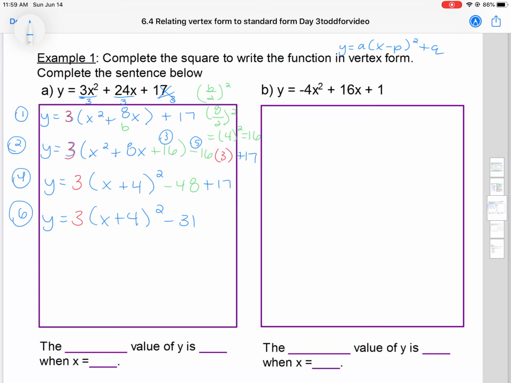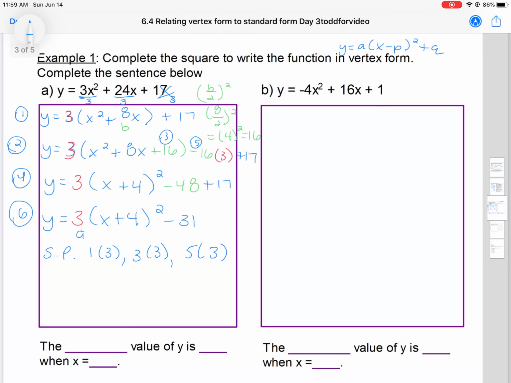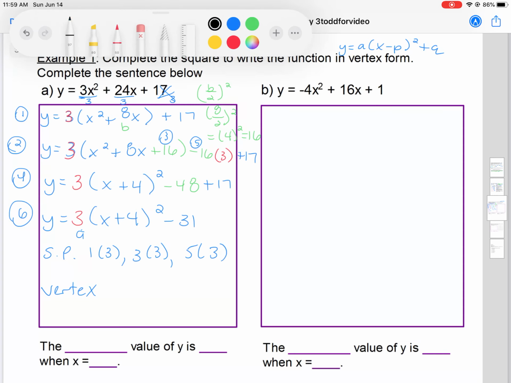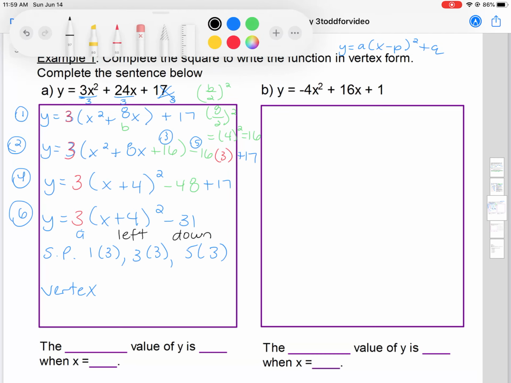Okay, so now this is vertex form. So let's say we had to graph. For the step pattern, you would use this a value here. So 1 times 3, 3 times 3, 5 times 3. And then the vertex would be, this is left and this is down because it's negative.